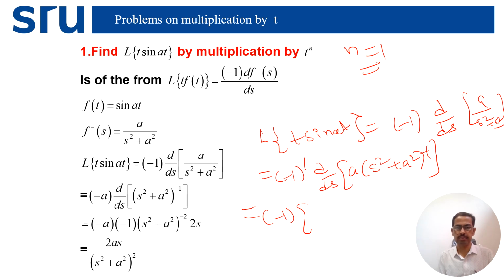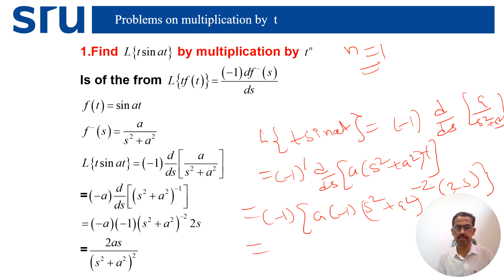Now differentiate the power minus 1, so n into n minus 1 formula. So a into minus 1 s square plus a square power minus 2, and derivative of s square plus a square is 2s. Right? Now simplify this.